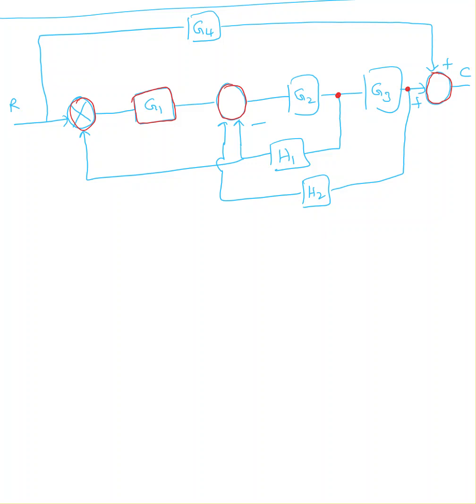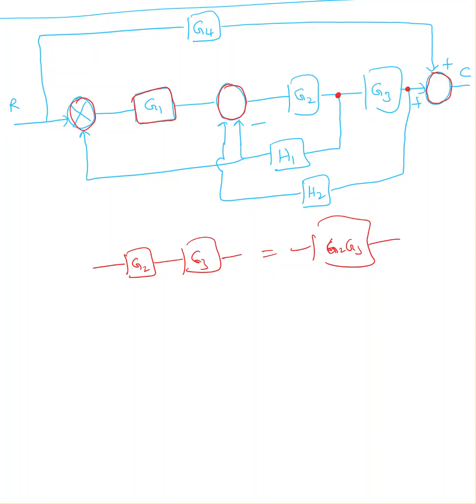Now, as long as we have two blocks in series, I can make them a single block. I can make Z2 times Z3 a single block, but make sure that there is no takeoff point in between. Here I have a takeoff point H1 in between Z2 and Z3.